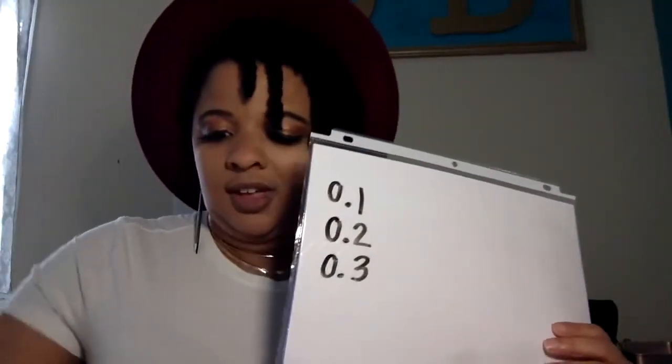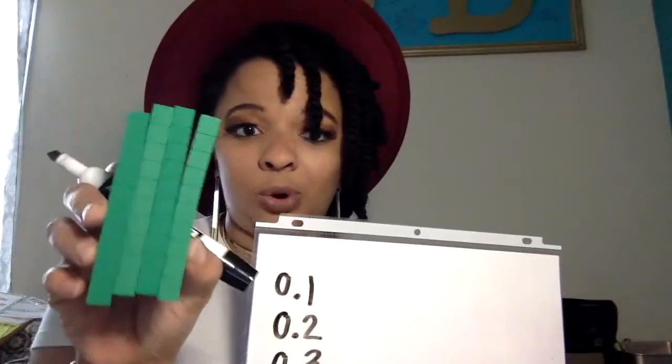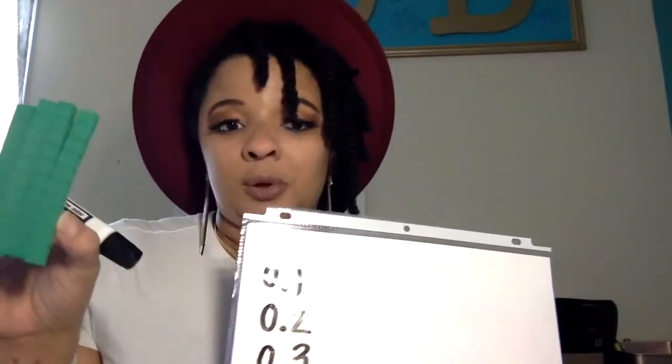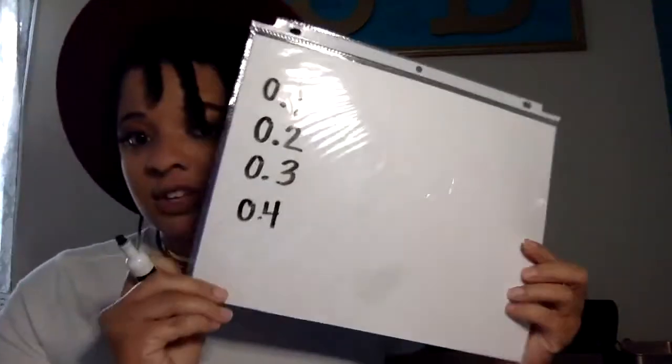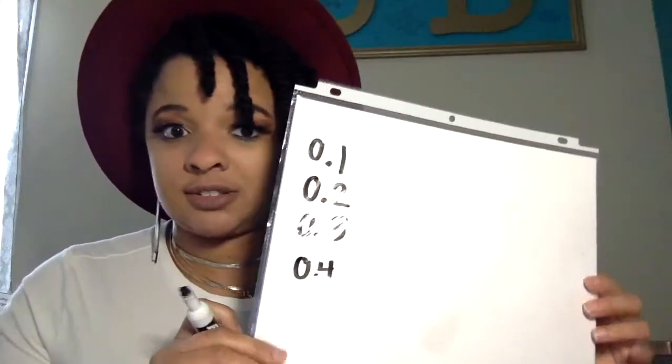After I ask the question, if I have all 4 of these rods, and this flat is my whole, then what is this going to be as a decimal? Pause right here and answer. If you put 4/10, you are correct.